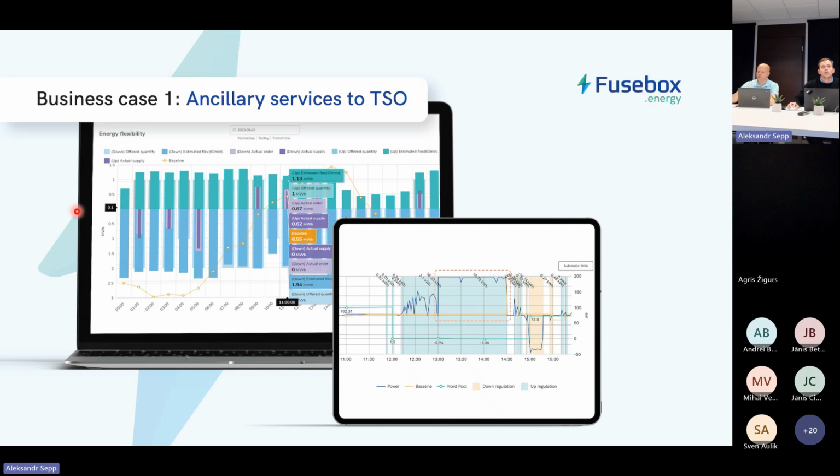As you can see here, our system not only monitors your assets, but also creates the activation profile for the different hours in both directions, up and down regulation.